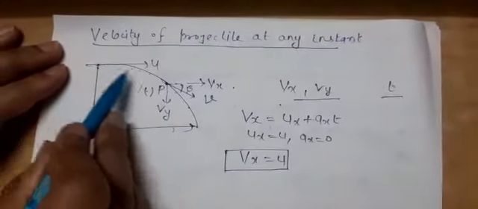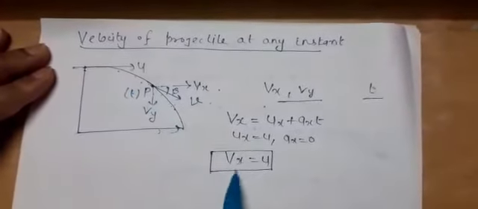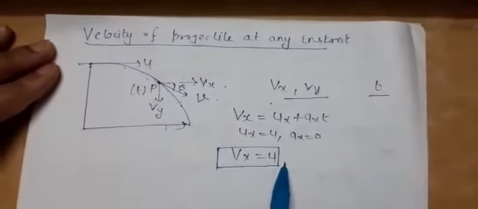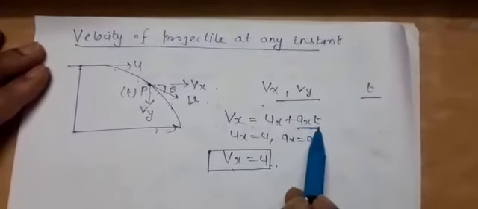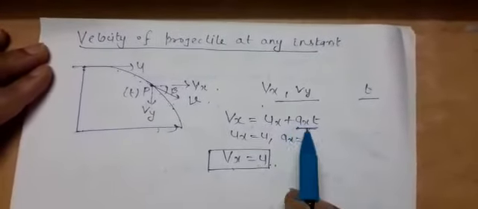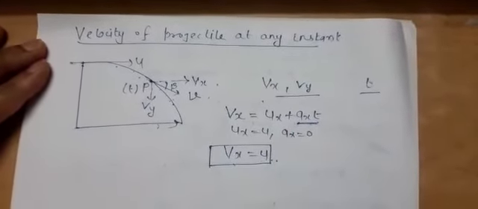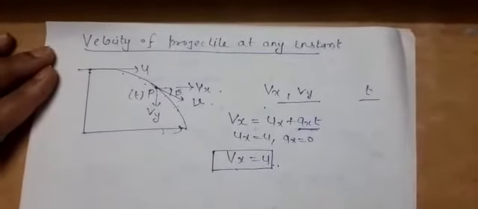It means at any instant you take, this horizontal component will always remain U. Why? Because it can only change by this at term, and as there is no acceleration along the horizontal, no factor is responsible for changing its velocity.